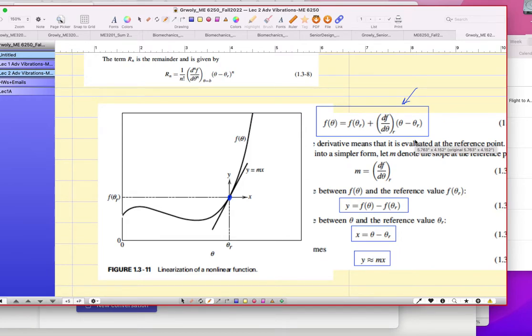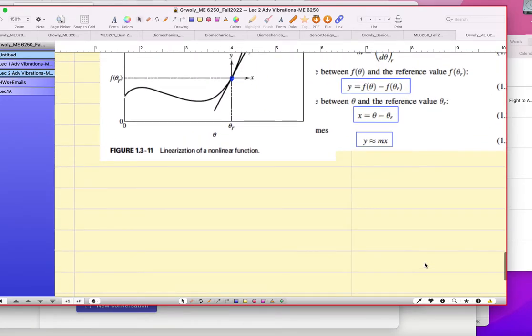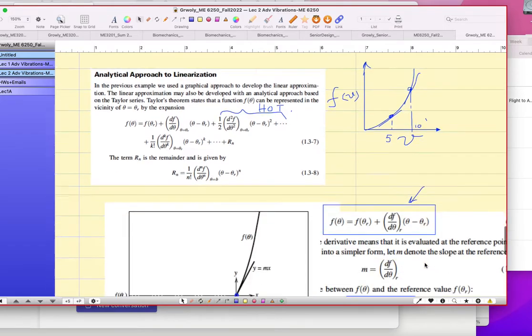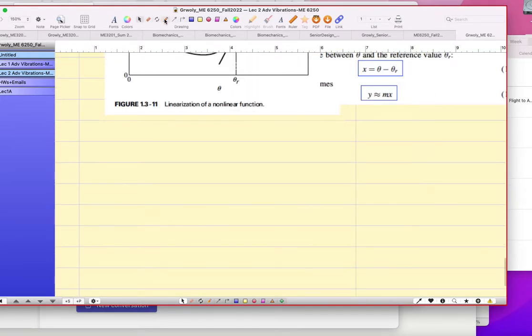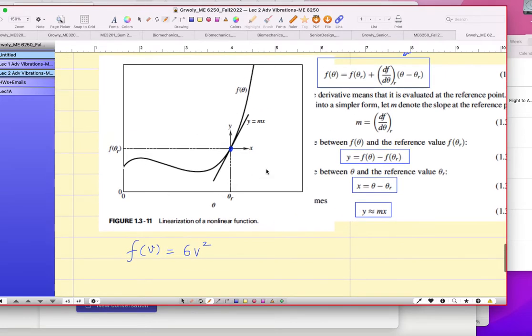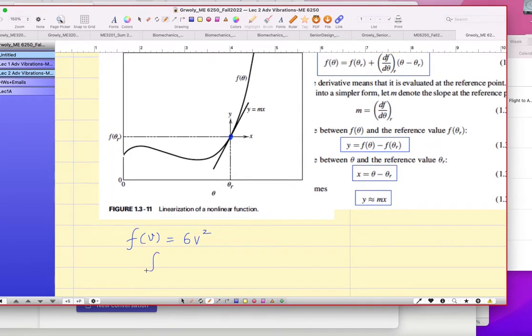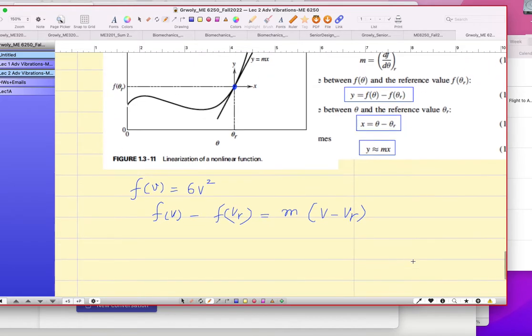Our parabolic function is 6v square, and f of v minus f of vr equals the slope, I would say m, times the x-axis term, v minus vr. This is the equation. And what is the slope?